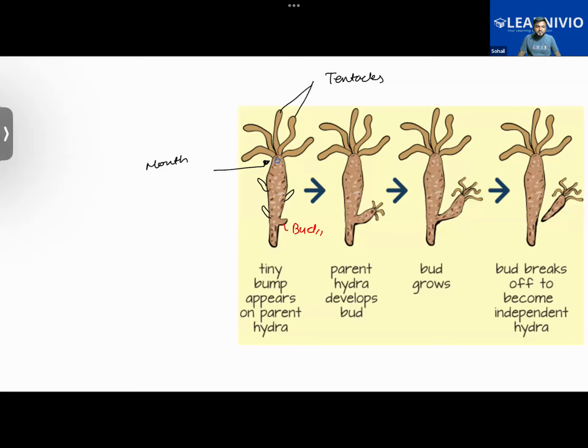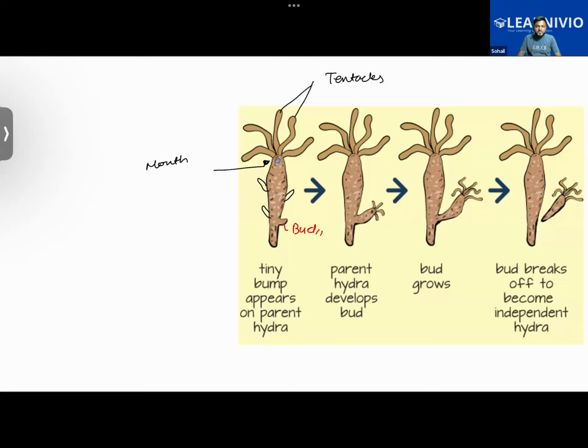So with the help of these tentacles, they are able to grasp the food, and it helps them in ingestion of the food. Getting it, guys? Hope you have understood this.